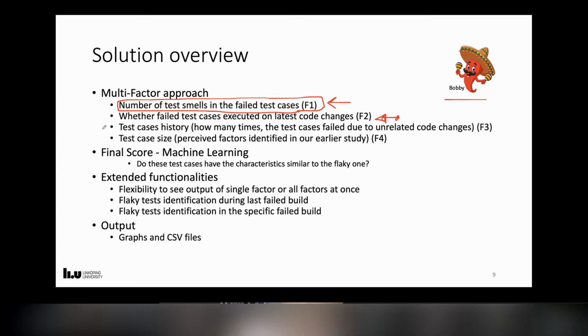Bobby also believed that if I maintain a test case history over a period, when the test case changes its outcome from pass to fail, fail to pass, without any modification in the code base, I can mark that case and keep an eye on it. Because if this test case is failing and it has a history of changing its outcome, okay, this is not a real failure, it is a flaky test.